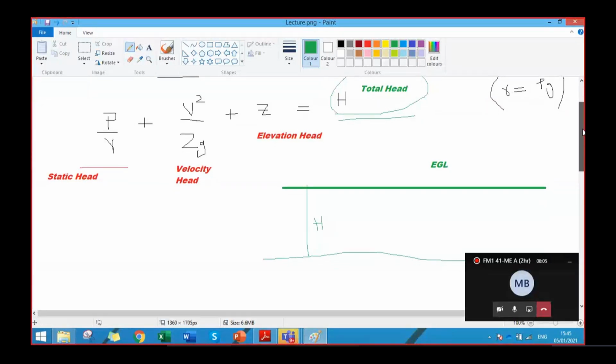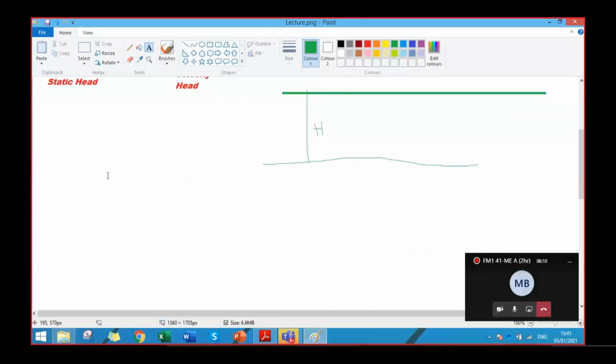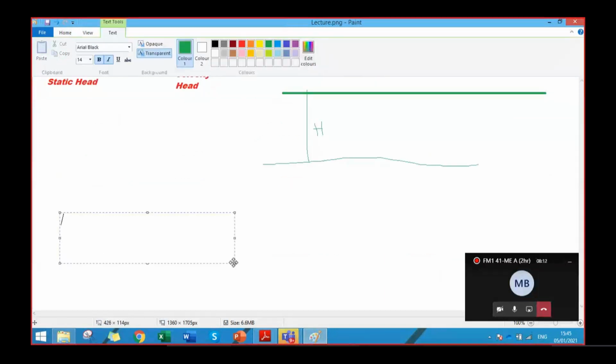On the other hand, the hydraulic grade line, or HGL, for any flow represents the sum of static and elevation head.